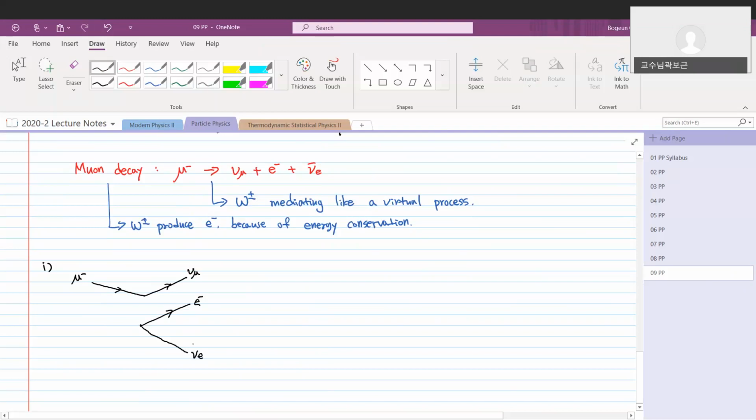And the electron and anti-electron neutrino are produced, but their arrow is opposite because they are antiparticles, and the W minus boson works here.